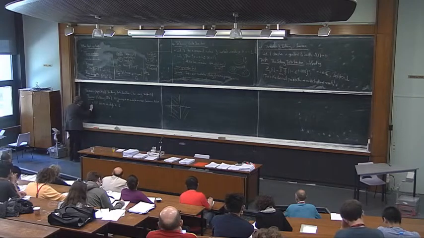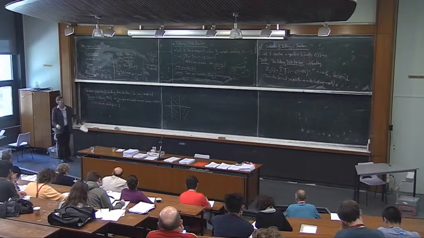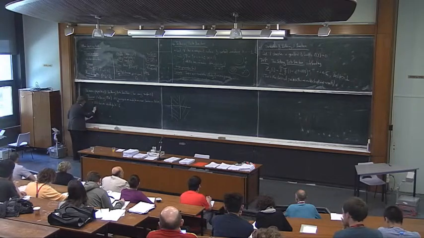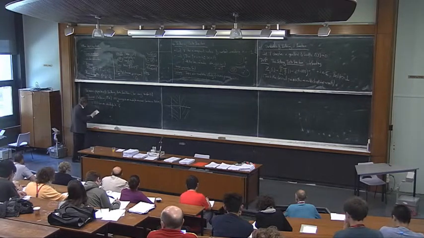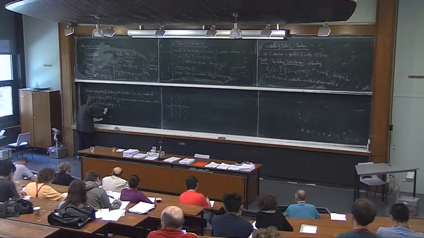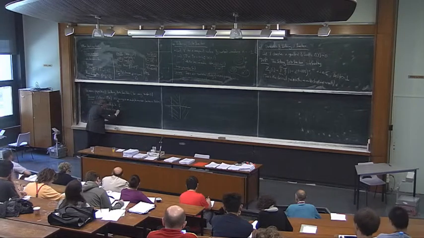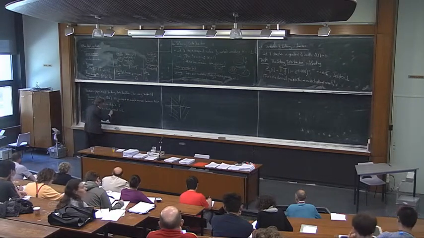And at s equals 1, in the case of the Riemann zeta function, we had a pole. But because of the way this is defined, zeta of s now has a simple zero at s equal to 1.